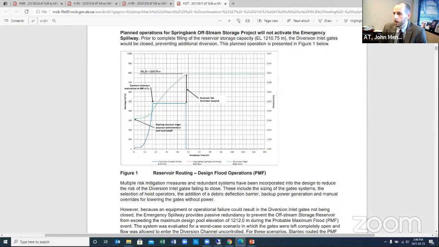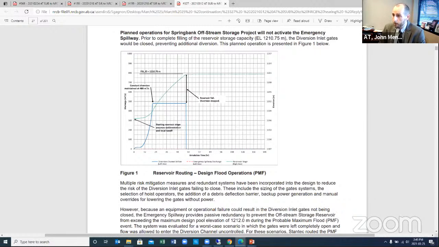I will stop to say, to explain, that the necessary diversion to mitigate for the 2013 flood is 480 cubic meters per second. We have the ability to pass 600 through the channel as needed and as appropriate for operations.